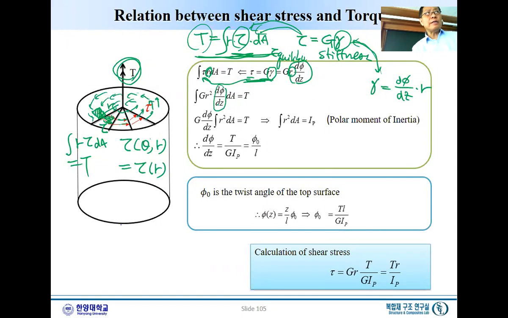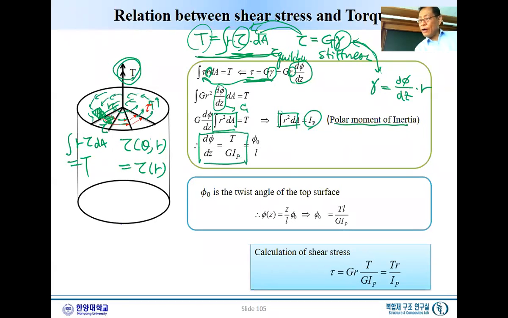So what is the dphi/dz? dphi/dz is a constant C. The constant means it comes out of the integration. And what is this one? R squared dA we call the polar moment of inertia. We can call it Ip. So simply this is Ip, and T equals G Ip times dphi/dz.